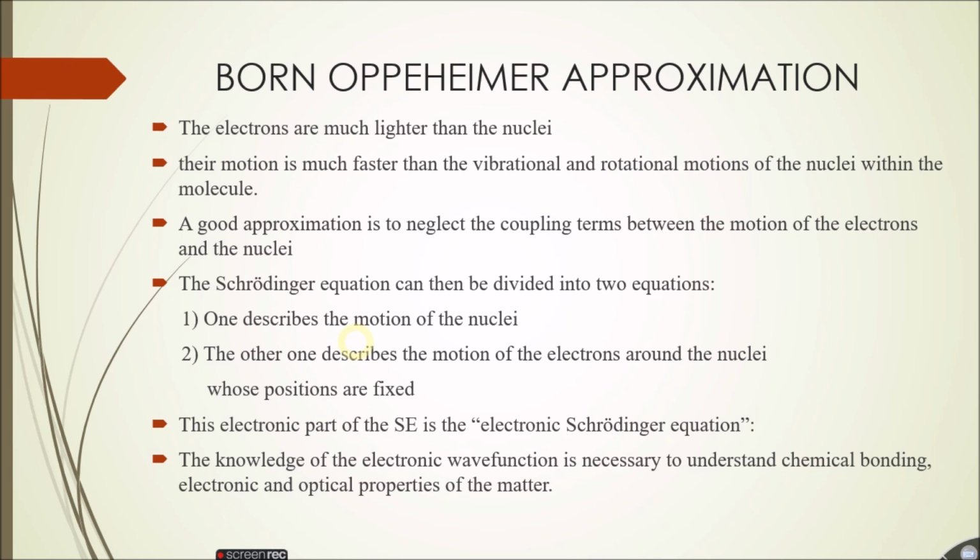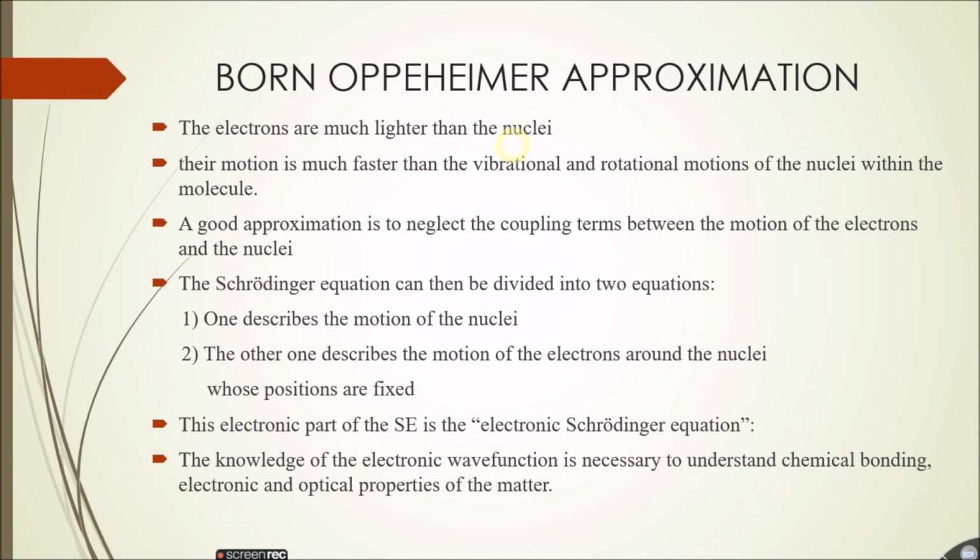When you go with the property of mass, you find that the electrons are much lighter than the nuclei, right? For example, let me consider a carbon nucleus. Yes, a carbon nucleus is more than 20,000 times as massive as an electron.